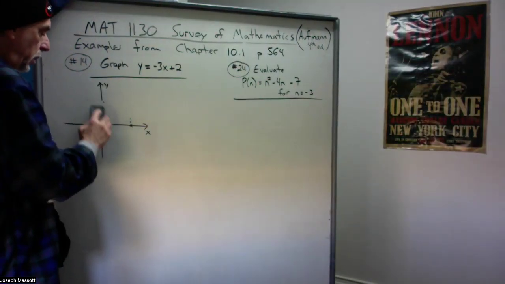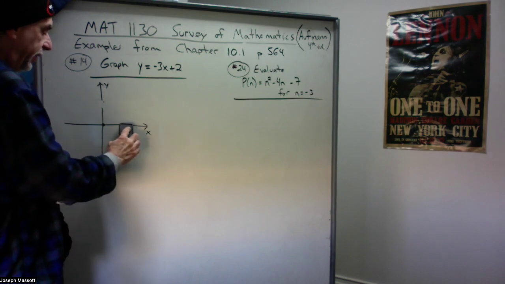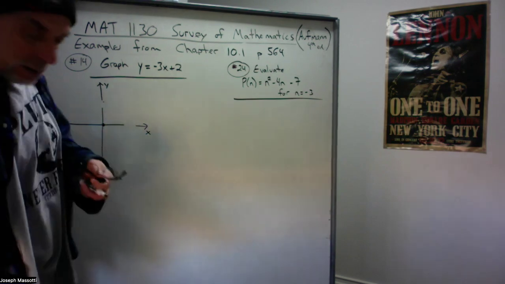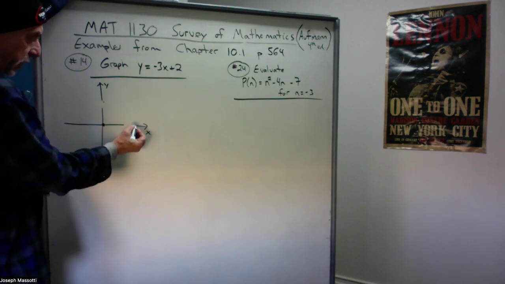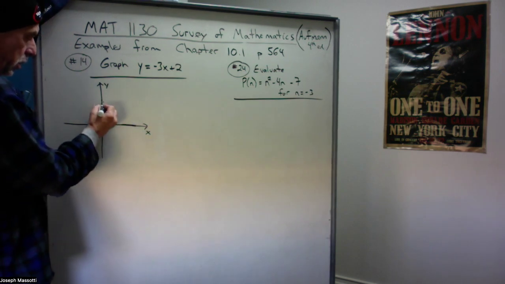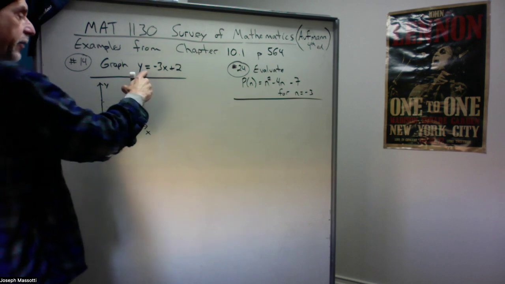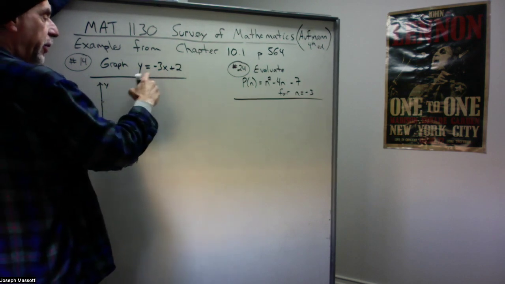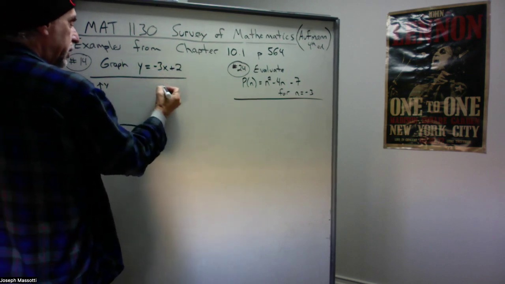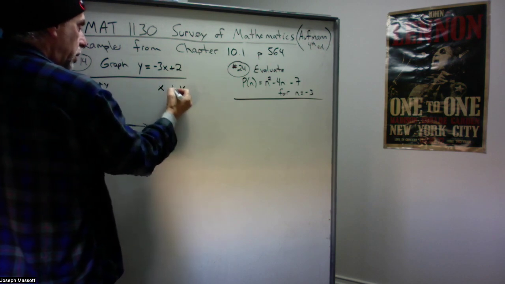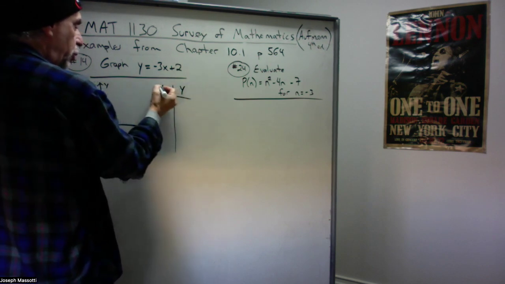Okay. So let's graph this given equation. So here we're given a relationship between two variables, x and y. So let's set up a little table here, and we'll put in x's.